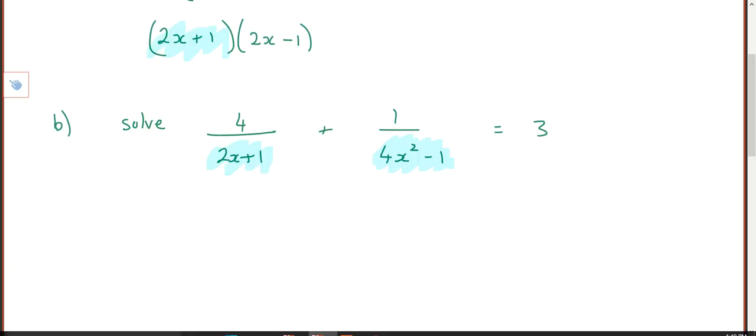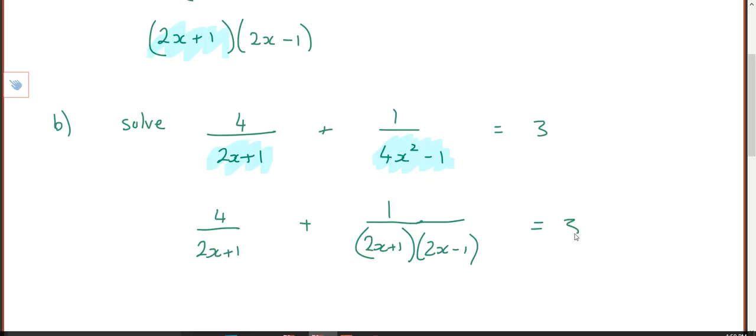Even if I didn't know whether it was going to be worth it or not, I'd just go 4 over 2x plus 1, and then I'm going to rewrite this with part A. So I've got 1 over 2x plus 1, 2x minus 1. There's got to be a reason why it was done like that. We did a question like this not a couple of lessons before.